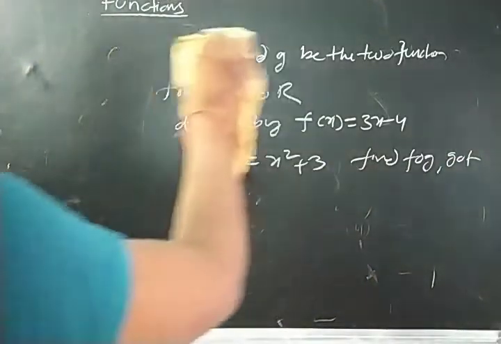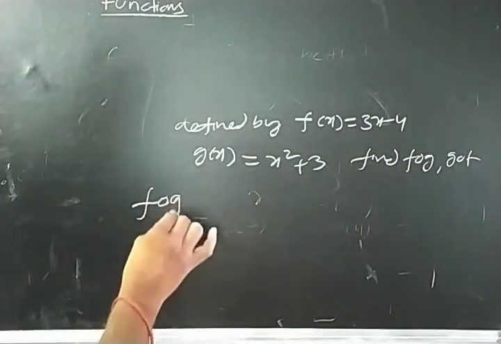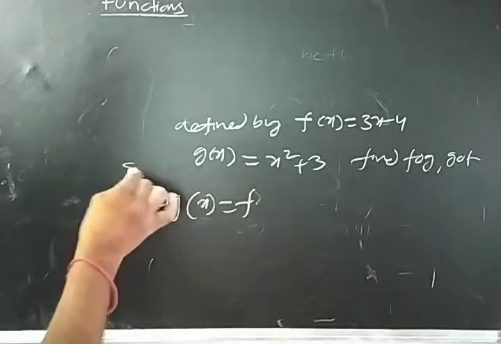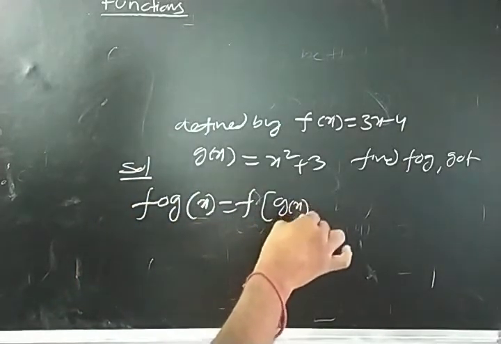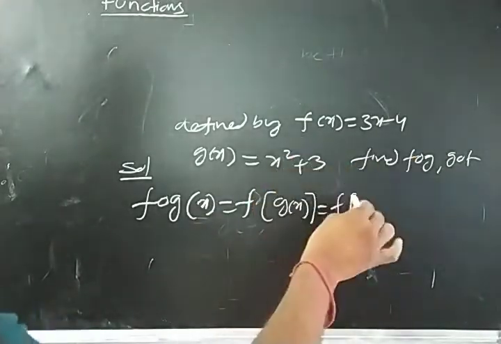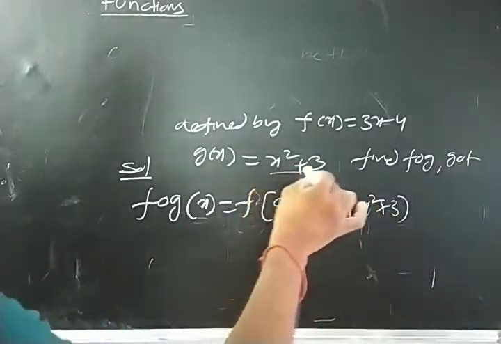Now I am going to find f circle g and g circle f. Suppose I am applying f circle g on x. How can we write it? f of g of x. The definition of g of x is x square plus 3. In place of g of x I am writing the definition.